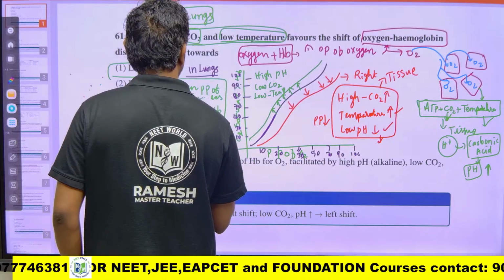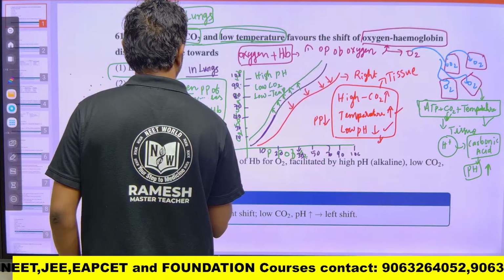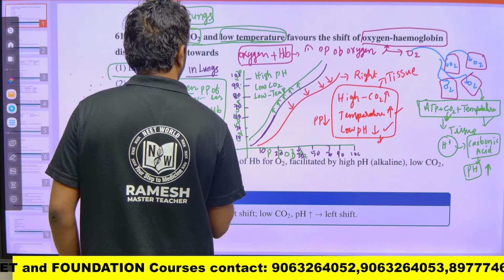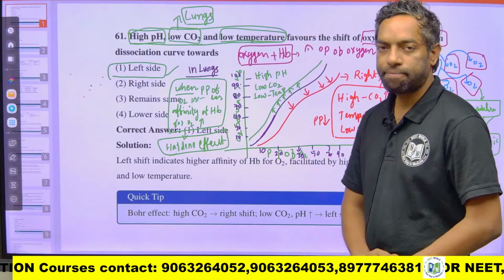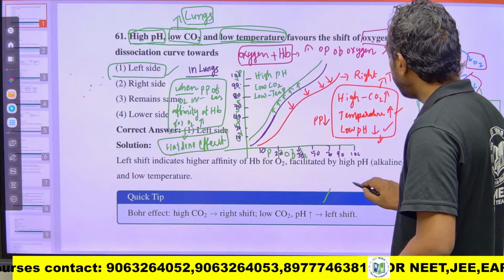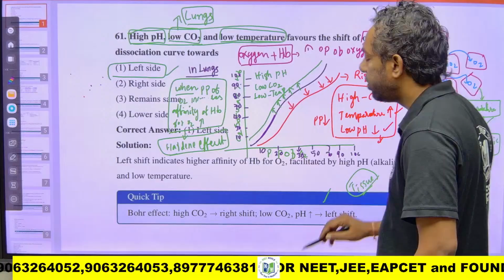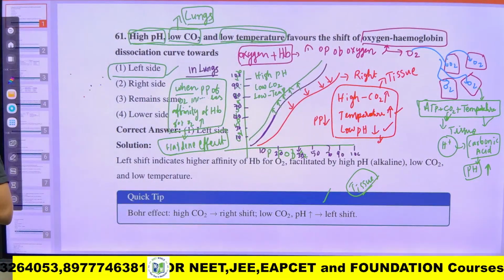This is the Haldane effect. Guys, you have to write it. The Bohr effect in the tissue is where the carbon dioxide attaches to the hemoglobin.